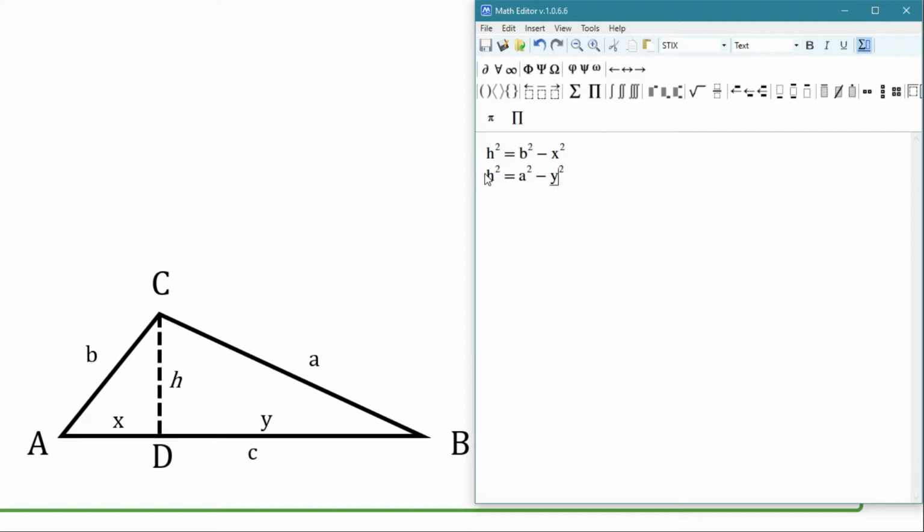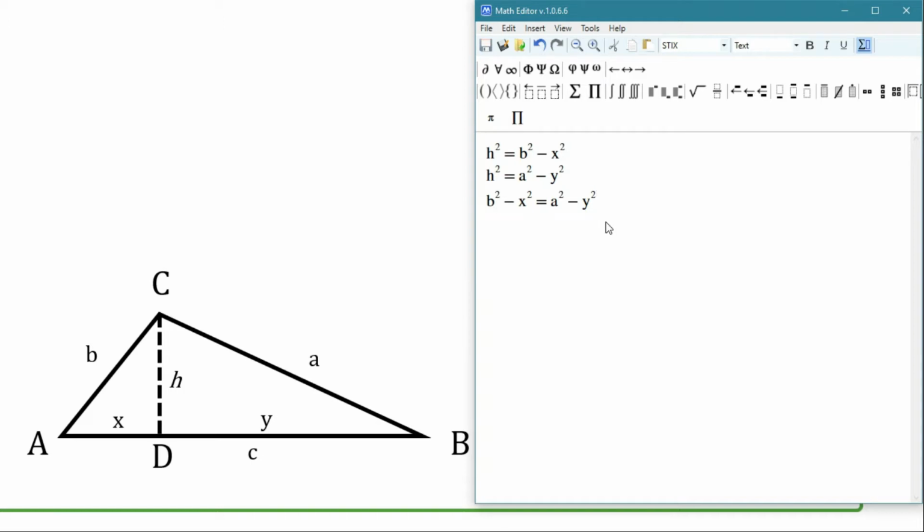Both are H square, so we can have B square minus X square equals A square minus Y square. These two expressions are indeed equal because we derived them from our illustration.